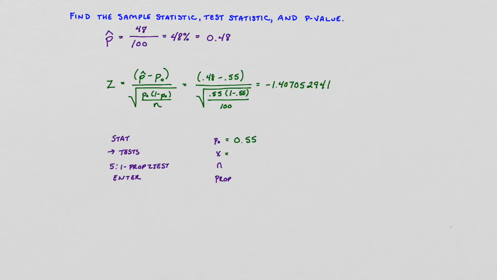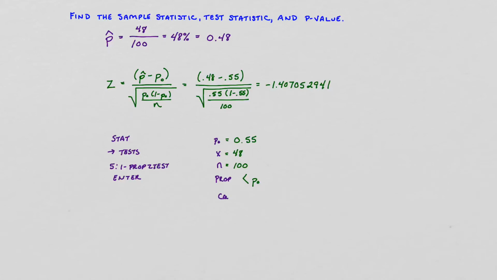So not from our check, but from the narrative where they had shared that we had 48 people tell us that they ate cereal for breakfast. N, as always, is going to represent your sample size. And your prop here, you're going to want to refer back to your alternative hypothesis. So here we are concerned with looking at a result that is less than our population proportion.